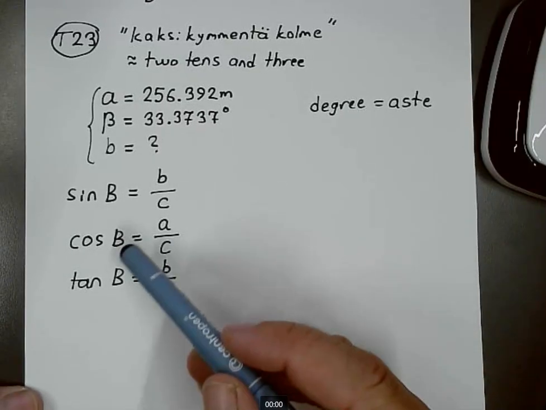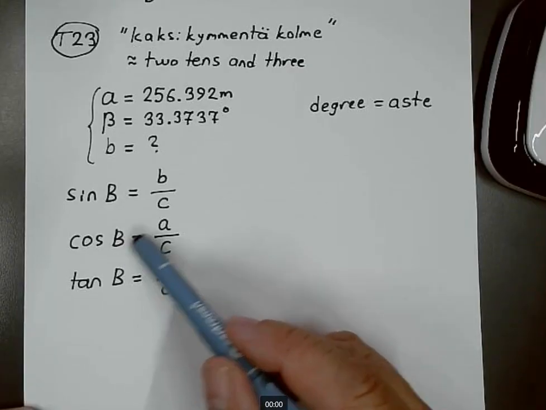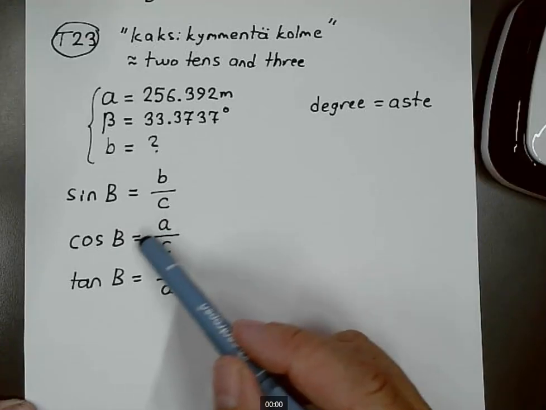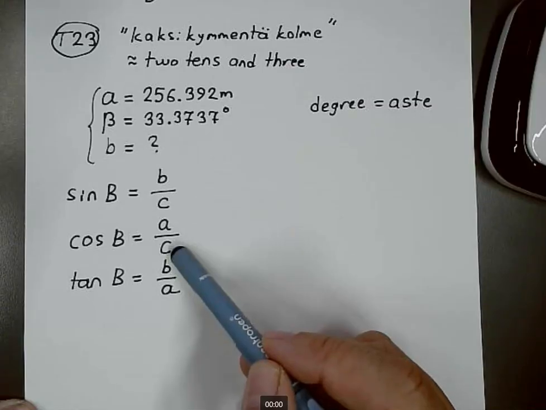Cosine. If you use cosine, you now know A and you know the angle, and you could solve C from that.